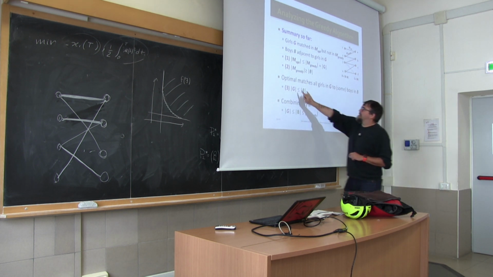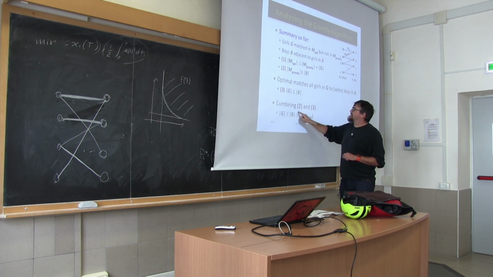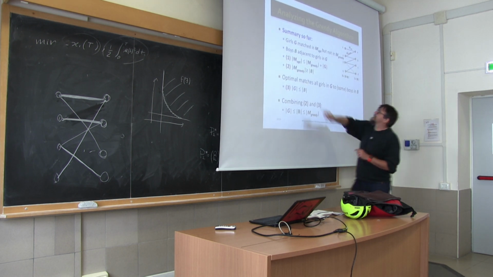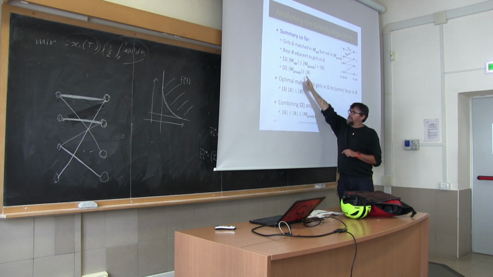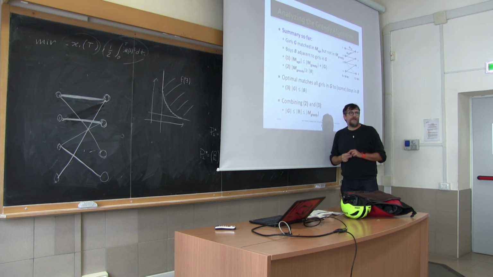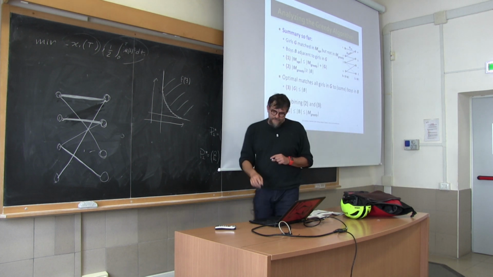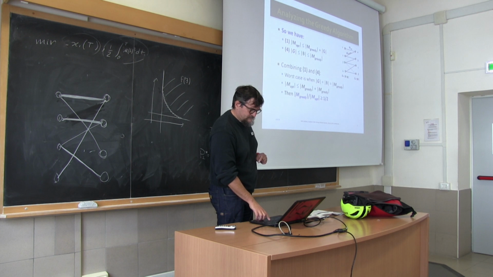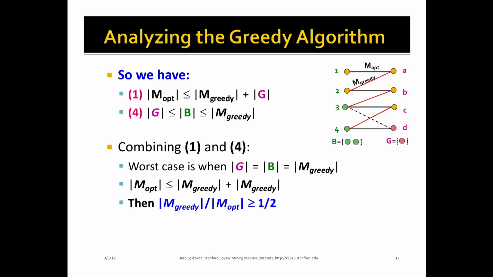So if I put this here, then I have this other equation. And putting it all together, the cardinality of G is less or equal to the cardinality of M greedy. Good. So now we are putting it all together, and basically we simply put 4 into 1.